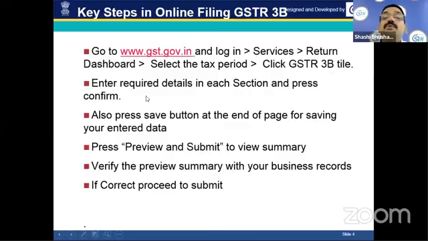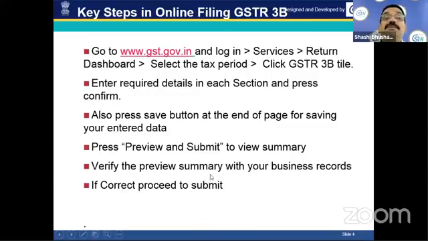You have to navigate to the GSTR 3B tile through Services, Returns after logging in using your user ID and password. In each section one has to fill the details and press confirm, and then save so the data is not lost. You can save multiple times after each section, and the save button is at the bottom.